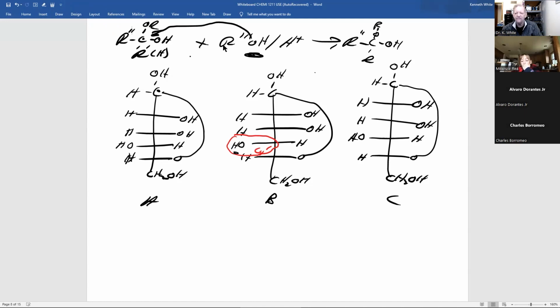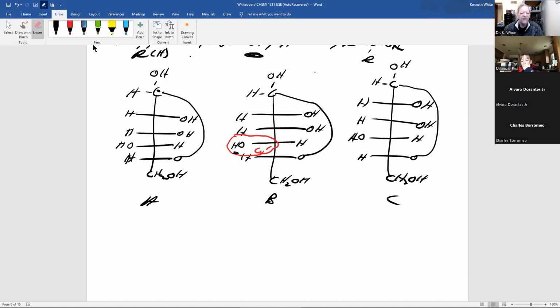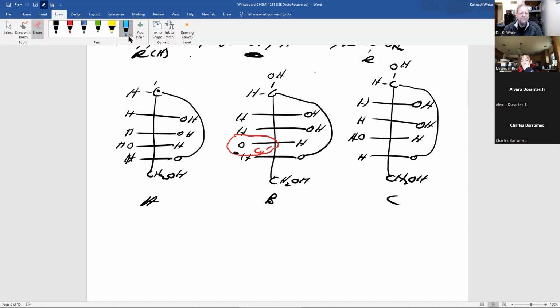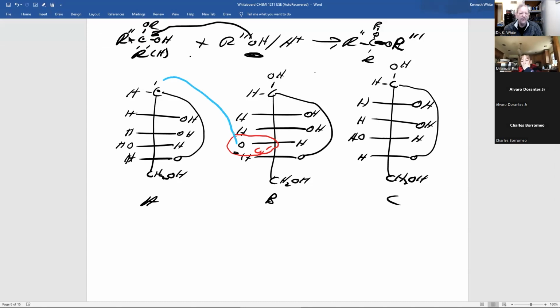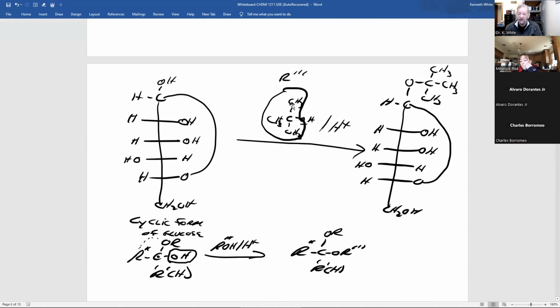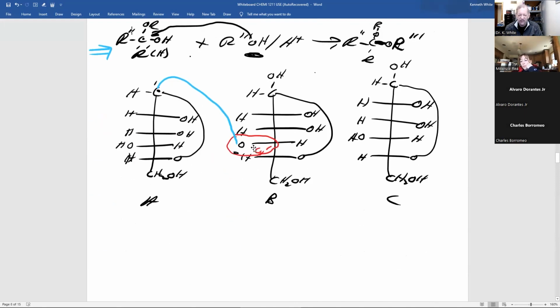This goes here, and this should be R triple prime, and you form this new bond. This oxygen bonds to that carbon. And again, all we're doing is this reaction, which I showed you in a simpler form, like we did here, except R triple prime is another cyclic form of glucose, and the alcohol is this alcohol.